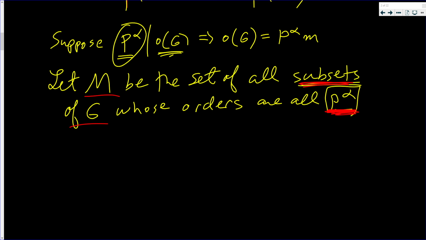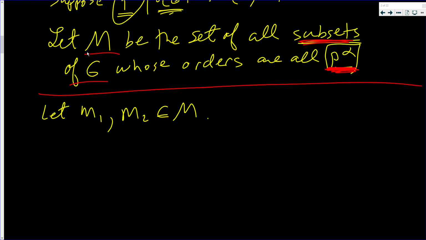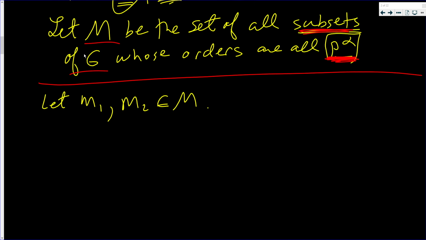Okay, so now let's look at something different. Let M1 and M2 be in script M. I'm going to define an equivalence relation.